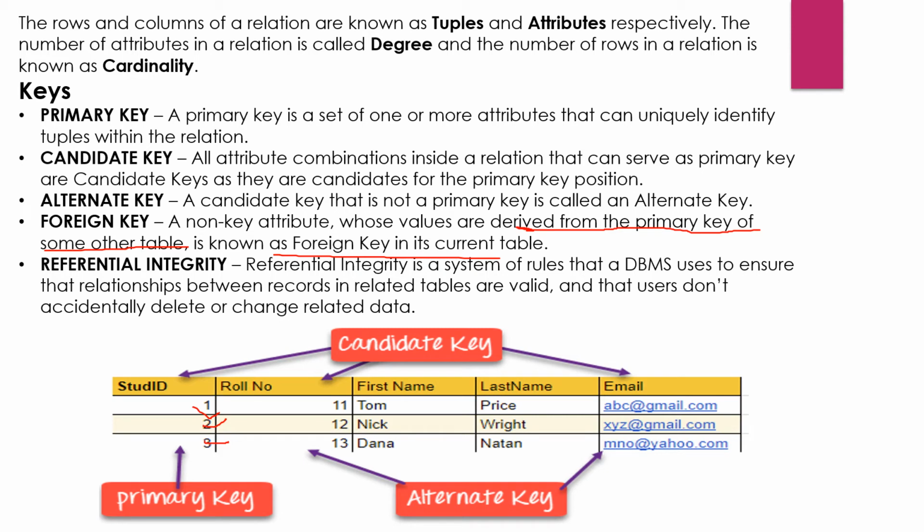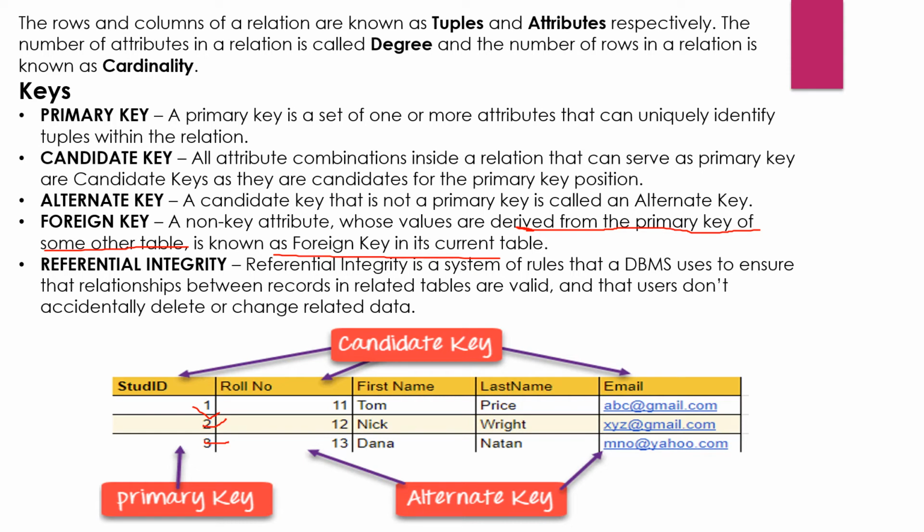Okay. And referential integrity. Referential integrity is a system of rules that a DBMS uses to ensure that relationships between the records in related tables are valid. The database management system ensures whether the relationships between the records are valid or not.